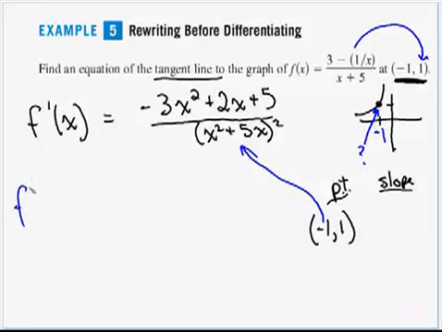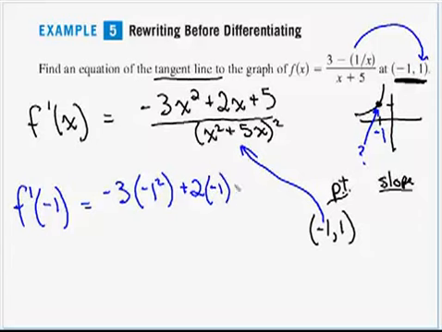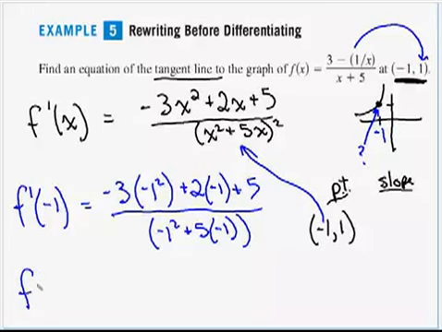So we want to find f prime of -1. And that means we're just going to plug a -1 wherever we see an x. So this will be -3 times -1 squared plus 2 times -1 plus 5, all divided by -1 squared plus 5 times -1, quantity squared. So let's find our slope at this point. In our numerator, working in the parentheses first, -1 squared is 1 times -3 is -3.